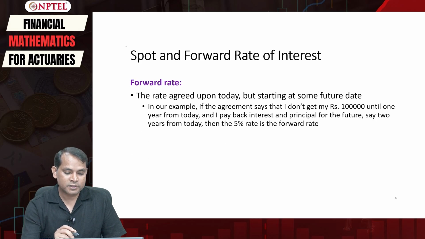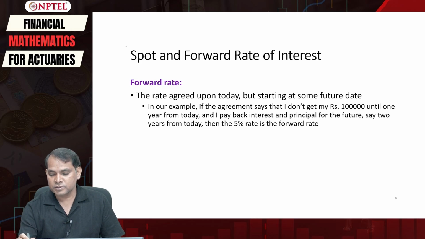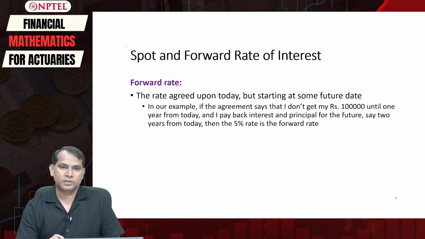The forward rate is the interest rate that is agreed upon today but starts sometime in a future date. So in our example here, if the agreement says that I don't get my 1 lakh rupees until 1 year from today, and I pay back interest and principal in the future, say 2 years from today, then the 5% rate is actually the forward rate.